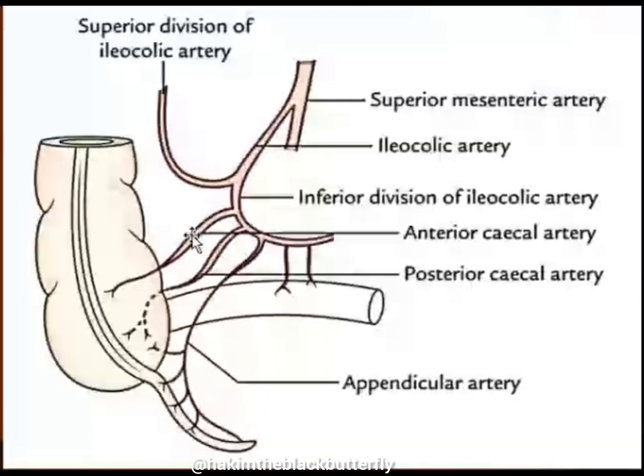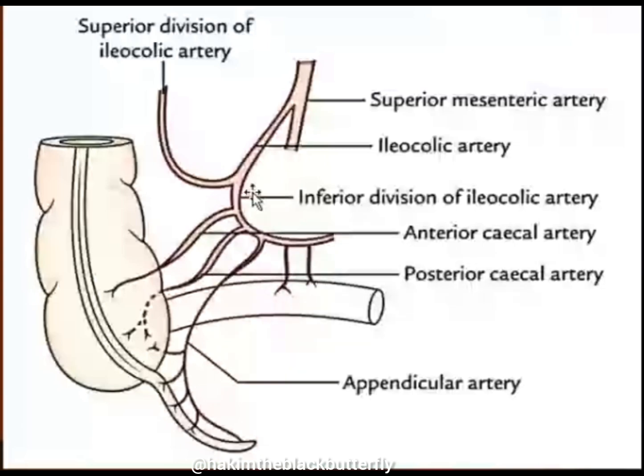So here we are seeing the superior mesenteric artery coming from the aorta. It gives off a branch, and this branch is known as the ileocolic artery. The ileocolic artery divides into a superior division and an inferior division. This inferior division is the one which is going to give off our anterior cecal and the posterior cecal, which we talked about.